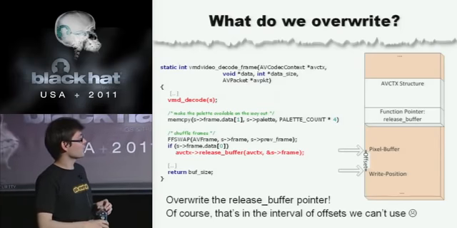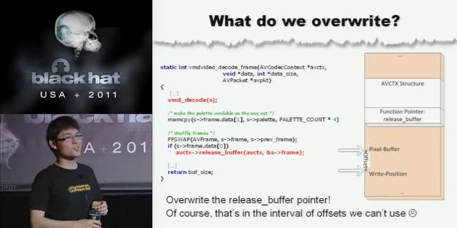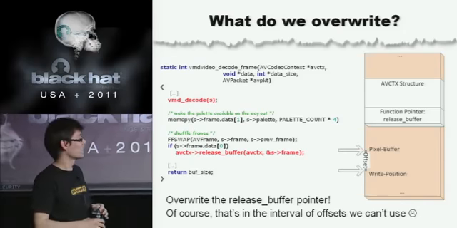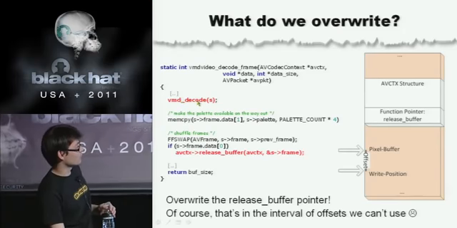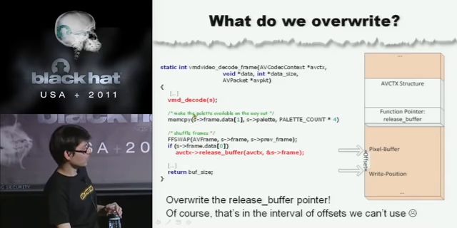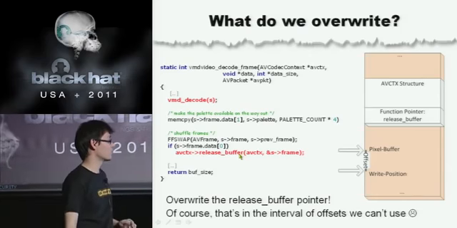But first, let's consider, what do we want to overwrite? Does this limitation even affect us? It turns out that shortly after the vulnerable function vmddcode is called, we get a call to avctx release buffer, and this is a function pointer. And if we can overwrite this function pointer, then obviously we can redirect the flow of execution.